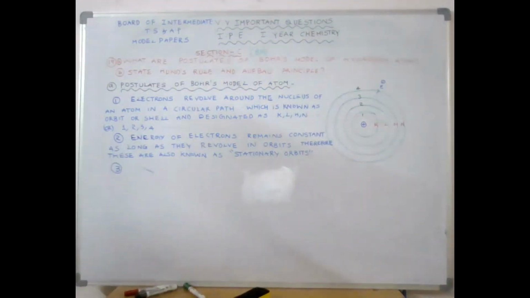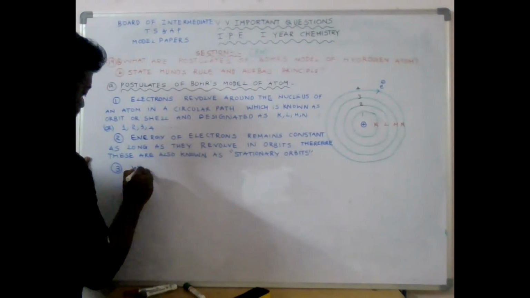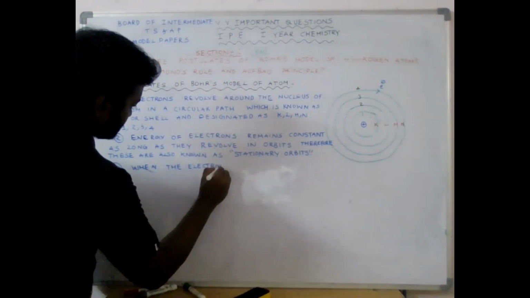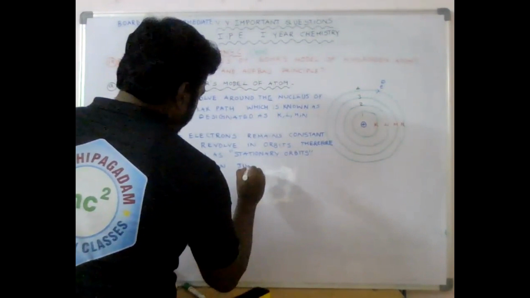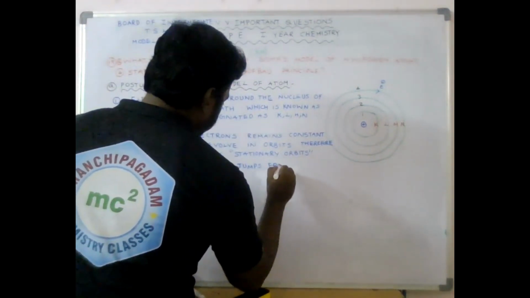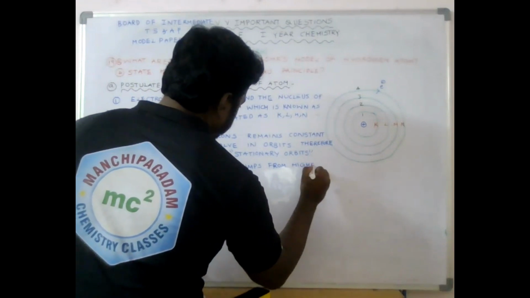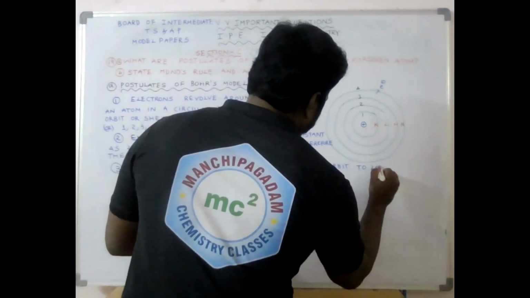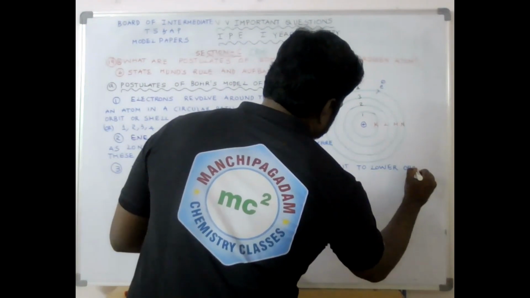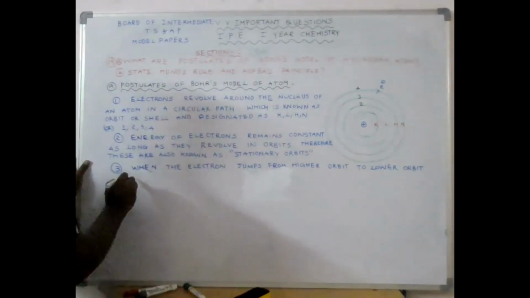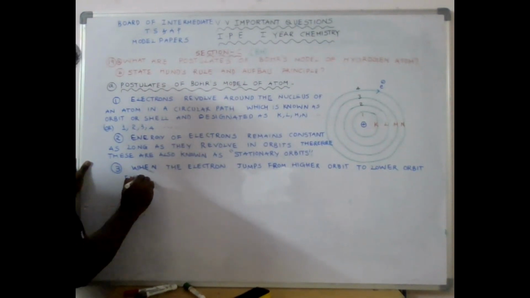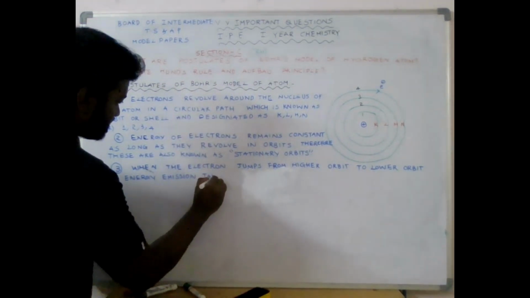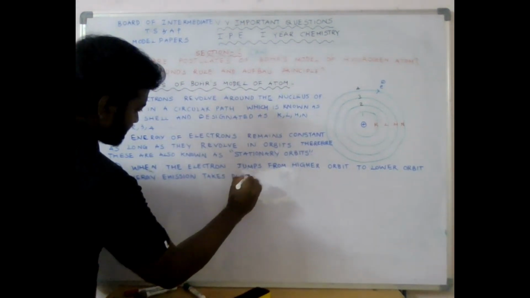So the next point: when the electron jumps from a higher orbit or higher energy level to a lower orbit or lower energy level, energy emission takes place.